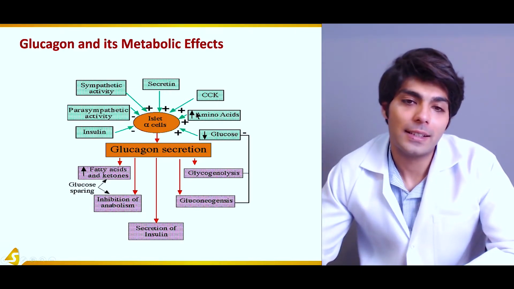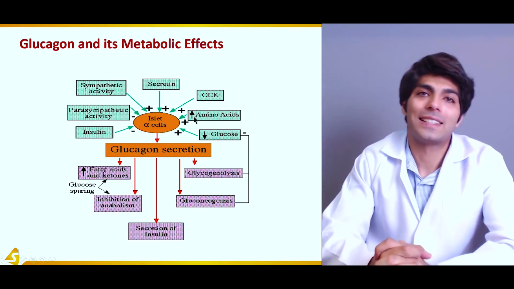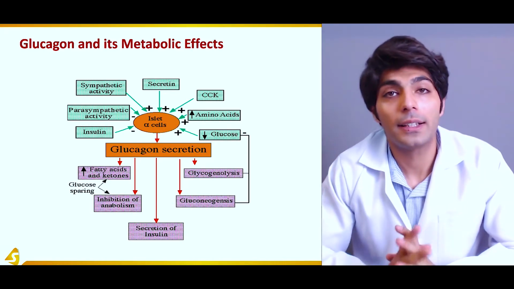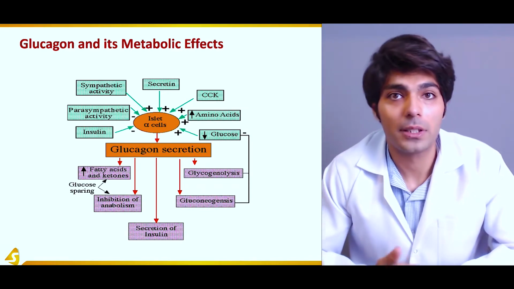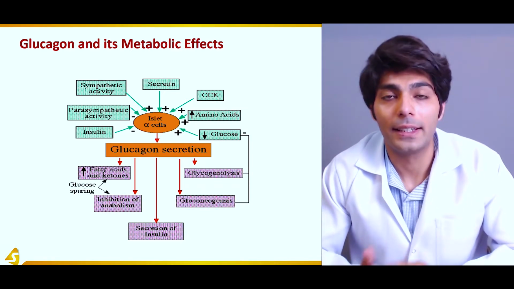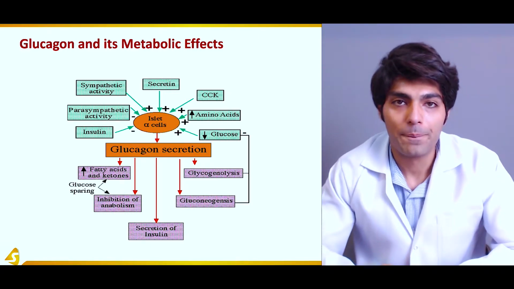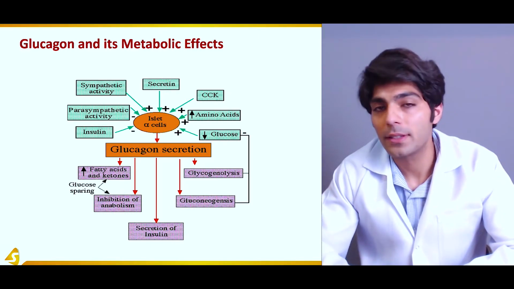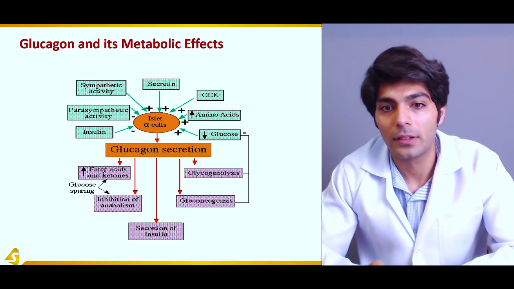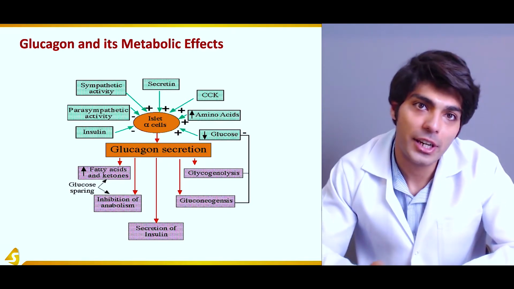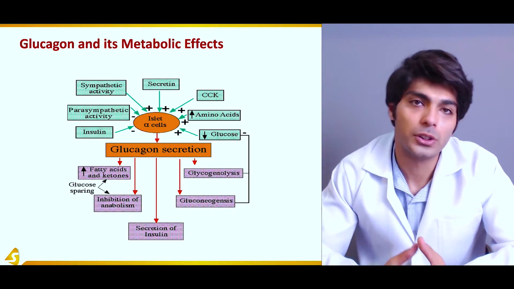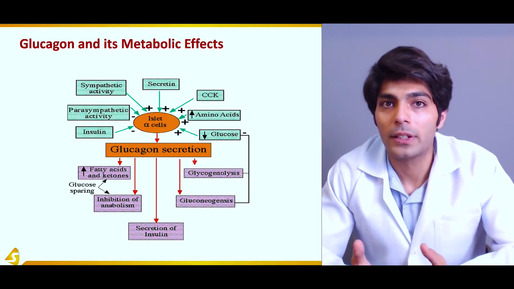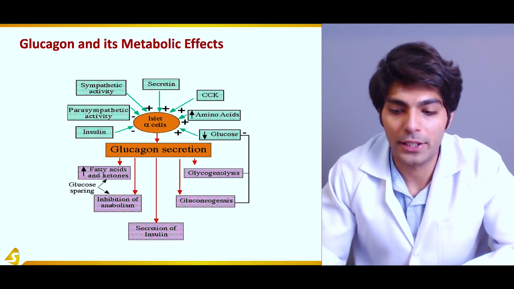It means that glucagon has its effect on the liver, while the insulin had its effect on the skeletal muscle, on the liver, and in the adipose tissue. So amino acid entry initiates the release of the glucagon, because it helps in the formation of glucose, which is through the process of gluconeogenesis.